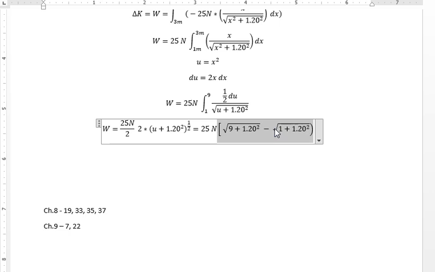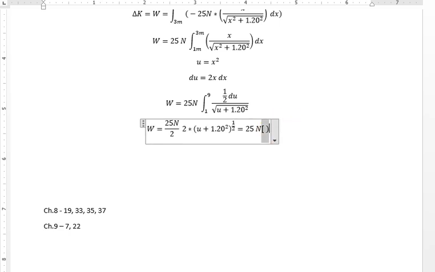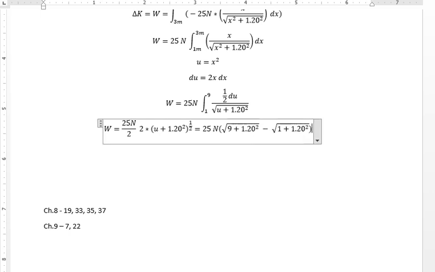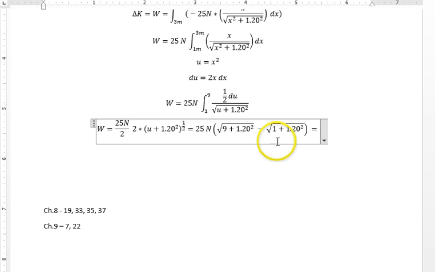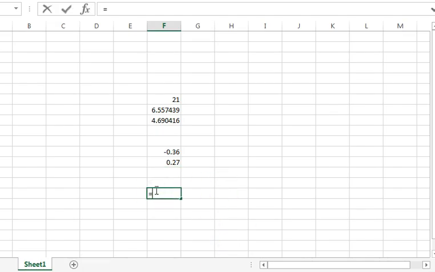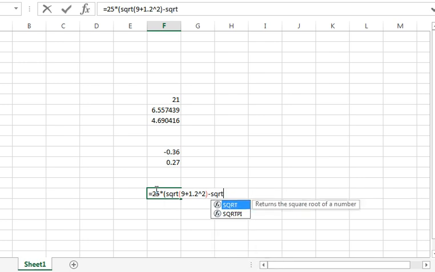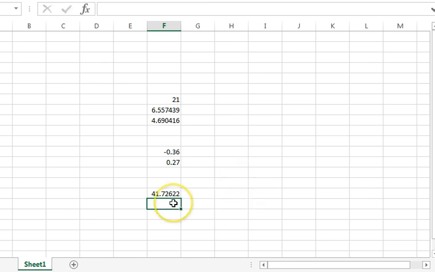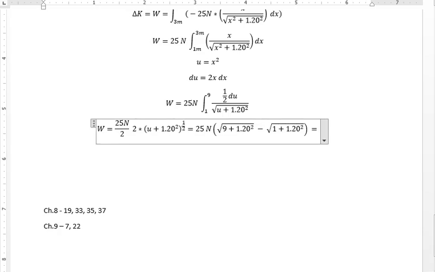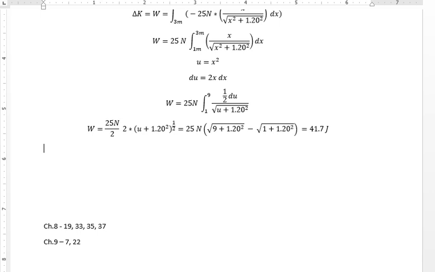I messed up my brackets, but you'll have to put up with that. So 25 newtons times the square root of 9 plus 1.2 squared minus the square root of 1 plus 1.2 squared, and I get 41.7 joules. Okay, I believe that's it for this problem.